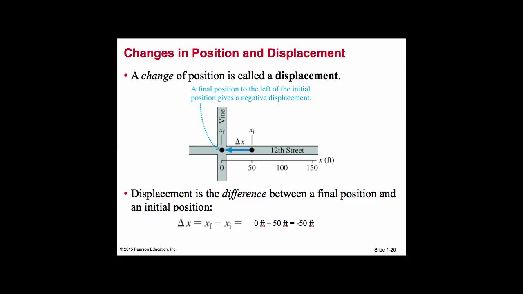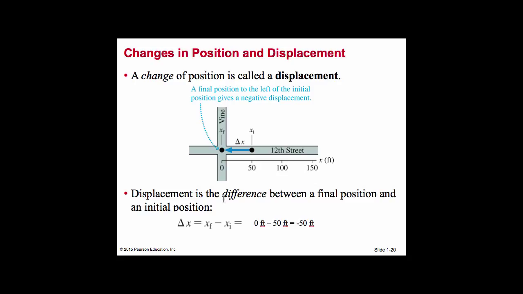Here we're going to look at changes in position, which is called displacement. So we have a final position of 0 meters, initial position of 50 meters or 50 feet. So displacement is the difference between the final position and the initial position. Distance is really just how much you've traveled, where displacement is always from the initial to the final.